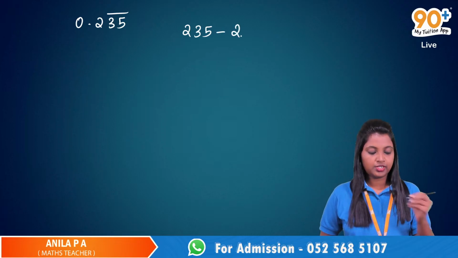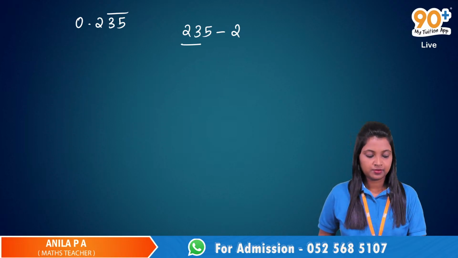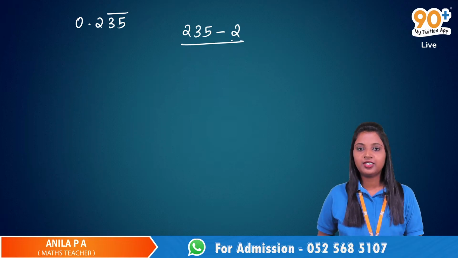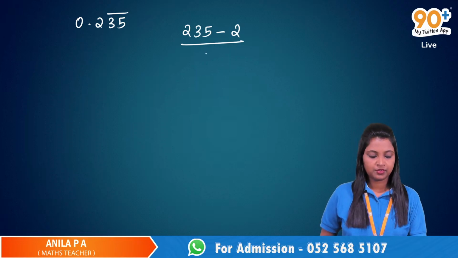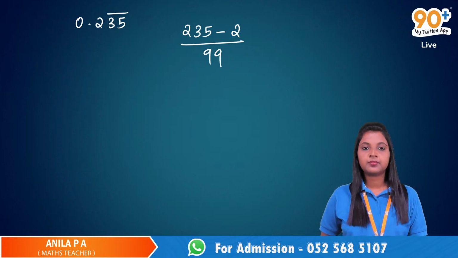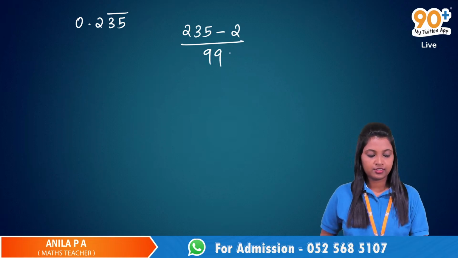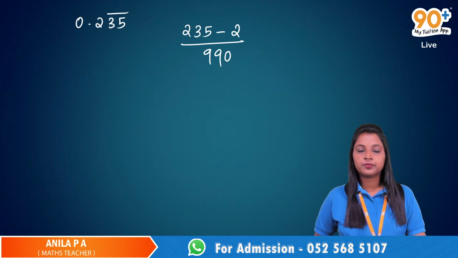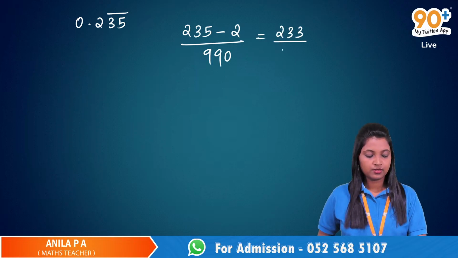Then by, there are 2 digits repeating, so we add two 9s, which is 99. And there is 1 digit left out, so add one more 0. Now the final answer will be 233 by 990.